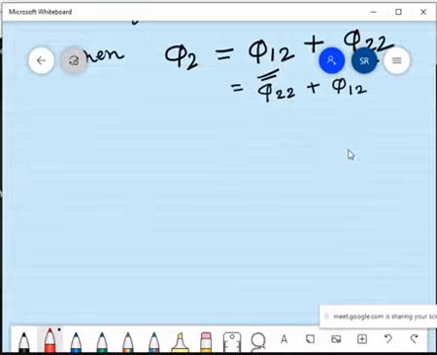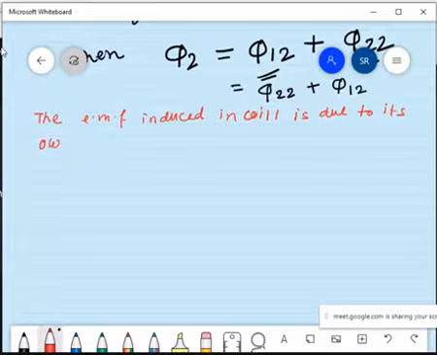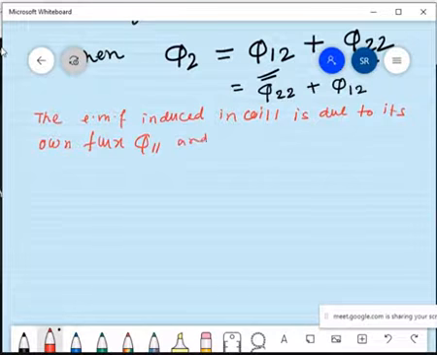Now, the EMF induced in coil 1 is due to its own flux phi 1 1 and the flux phi 1 2, that is due to the current I2.